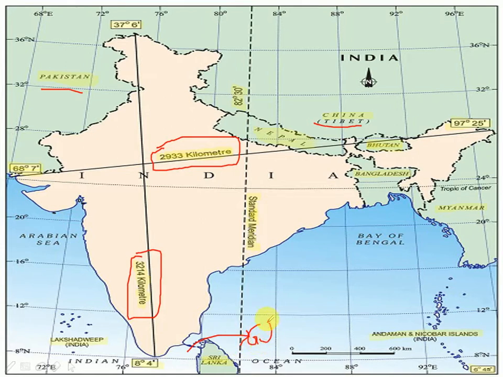And in your book there is mention of a very special strait, that is the Palk Strait. We are separated from our coastal neighbor by this Palk Strait and the Gulf of Mannar. That is again very important.